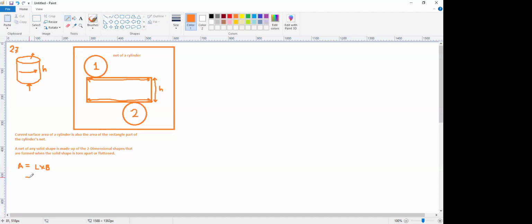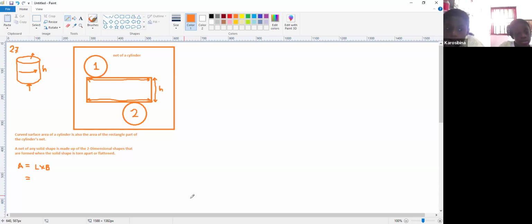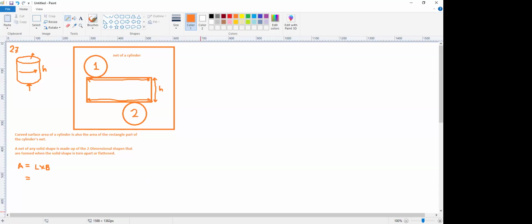Now, remember, what is our L? Our L is equal to the circumference of the circle on top, isn't it? Yes. So let's go and find out what the circumference of that circle is. Remember, circumference of a circle is given by 2 pi r, isn't it?